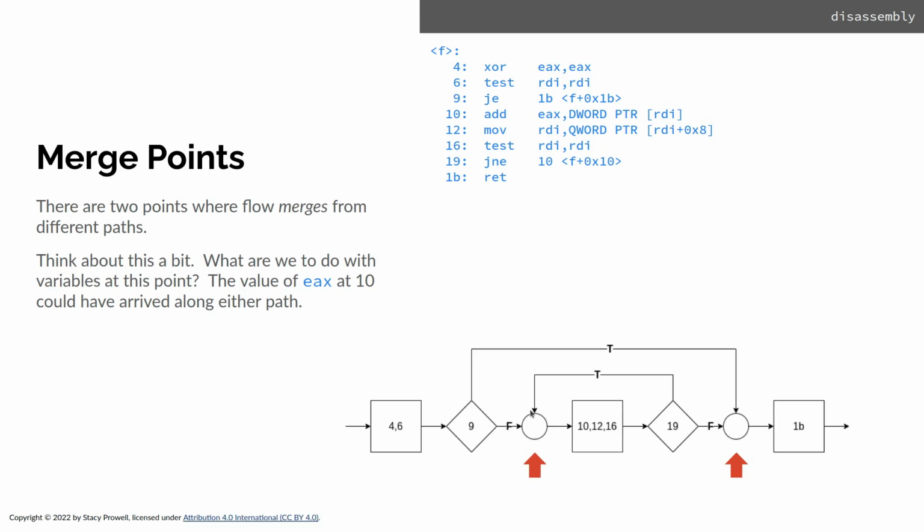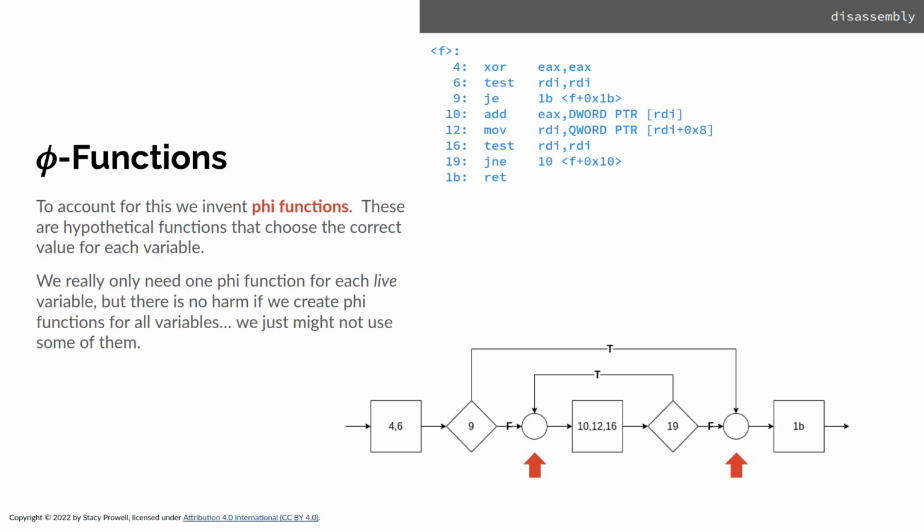I don't know, right? I can have different values of it depending upon how I arrive here. How am I going to deal with that? Well, I'm going to invent something to make the problem go away. And the thing that people have invented to make the problem go away is something called a phony function, which got classed up to be called phi functions.